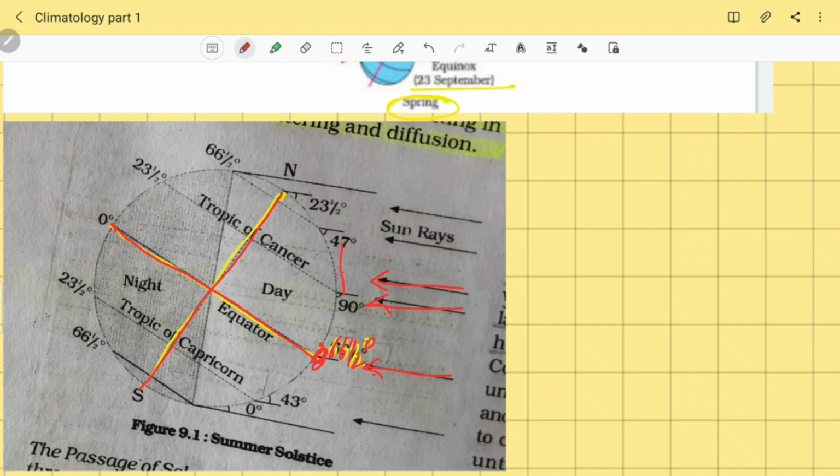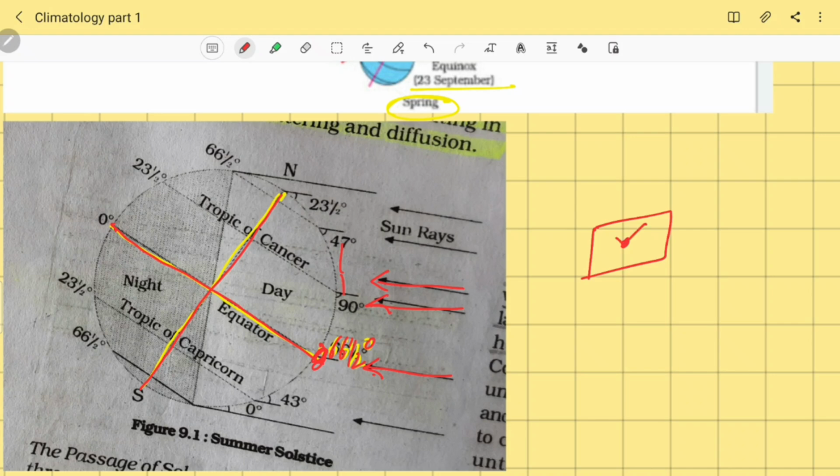You might have done this experiment in your childhood as well. Say there is a place here, and if you have a light directly falling at one particular point, then there are chances that sometimes paper burns because of that huge focus of sunlight.